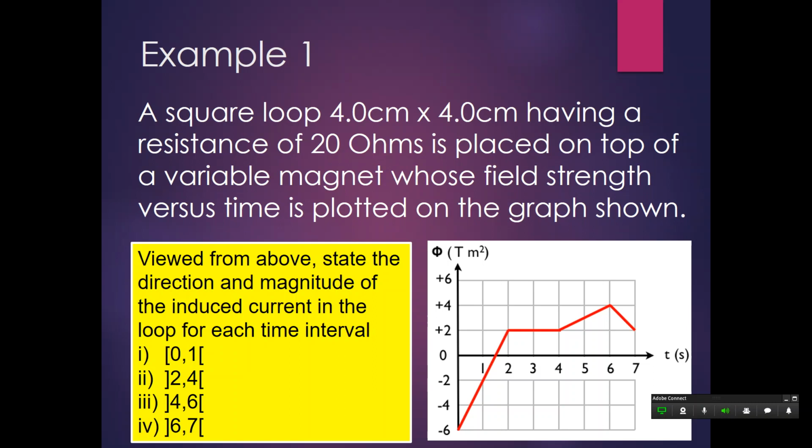This is in seconds. This is going to be in Tesla meters squared. So this is going to be minus 2 minus minus 6. So that's minus 2 plus 6. That's what? 4 divided by 1 is equal to 4 volts.